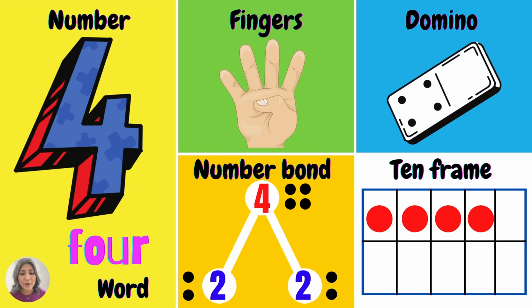Our domino has 4 black dots to represent the number 4. Our number bond has the number 4, and 4 can be broken down into 2 and 2. 2 and 2 make 4. 1, 2, 3, 4. Our 10 frame has 4 red dots to represent the number 4.